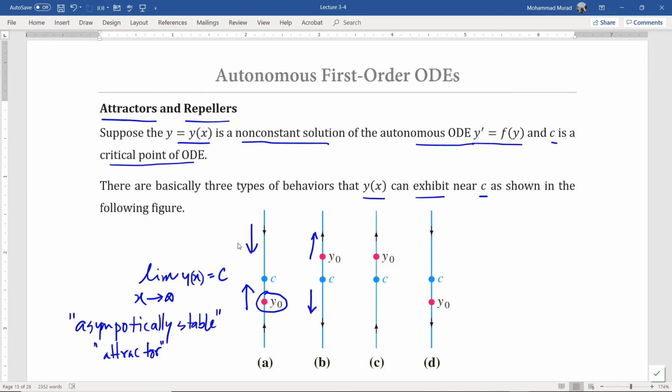In this case, C is said to be unstable. An unstable critical point is also called a repeller.